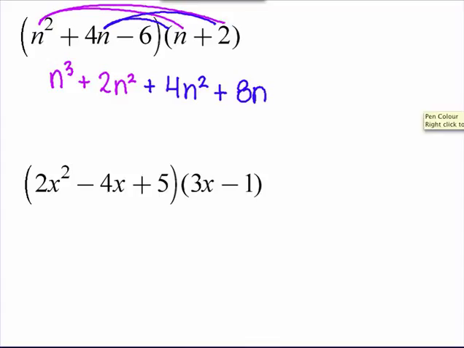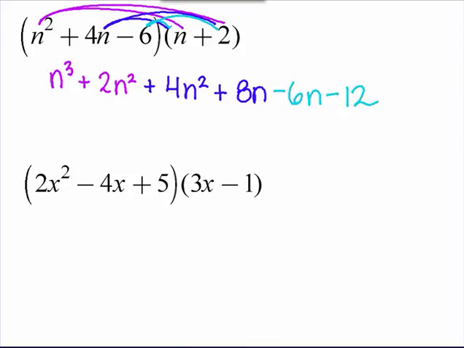Then I'm going to take negative 6 times n and negative 6 times 2. So what is negative 6 times n? Negative 6n. What is negative 6 times 2? Negative 12. Now, if you've done this correctly, you should have 6 individual terms because you're taking 3 terms times 2 terms.